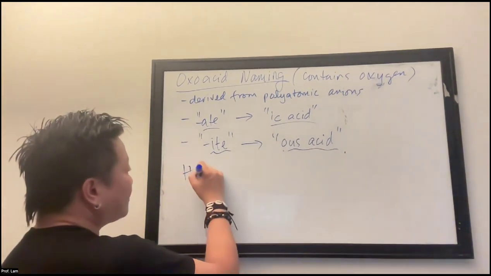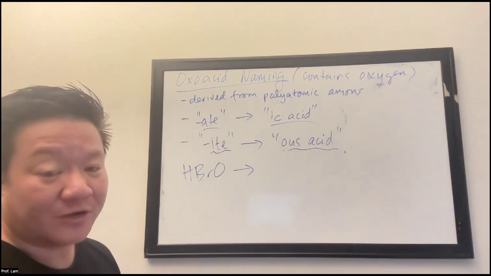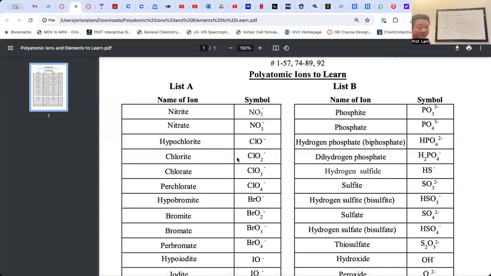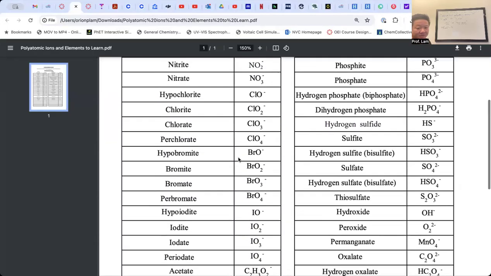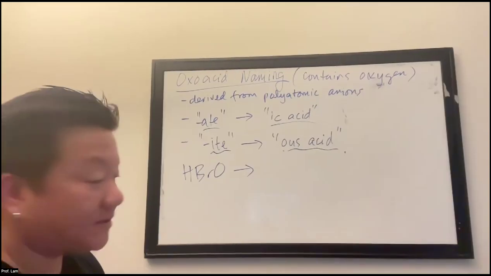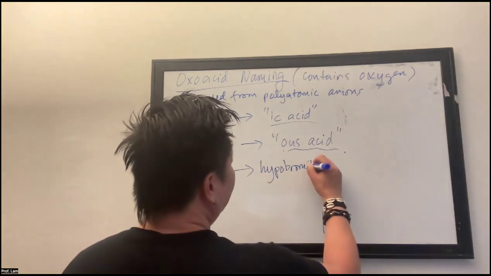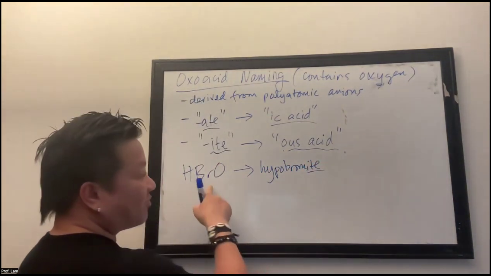Let's do HBrO. So BrO is a polyatomic. Scroll down here and you'll see hypobromite is BrO negative. Okay, so hypobromite is the polyatomic that this is derived from.